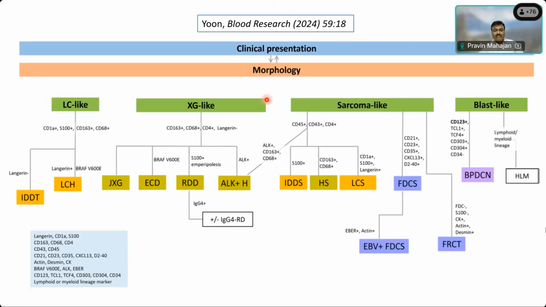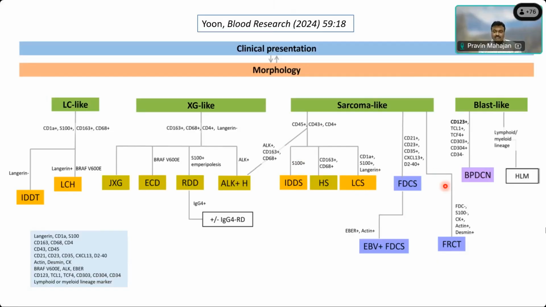What can be sarcomatoid in this histiocytic dendritic group are the sarcomas: interdigitating sarcoma, histiocytic sarcoma, Langerhans cell sarcoma. Langerhans cell sarcoma usually doesn't have that much spindling, but sometimes you can have spindling when they are sarcoma. I'm not talking about LCH; LCH is different, these are Langerhans cell sarcoma, not Langerhans cell histiocytosis.